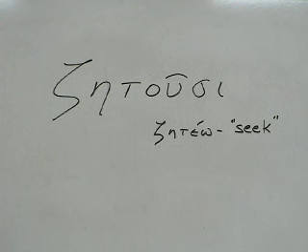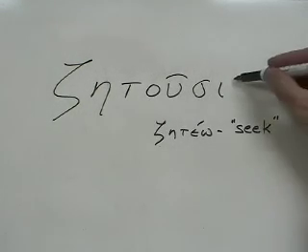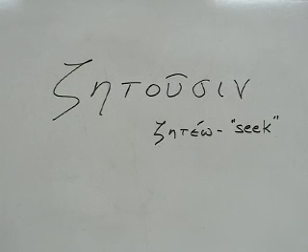I seek can be translated in more than one way. It can be translated I seek, which is the beginning translation, but it can also mean I am seeking, a kind of continuous flavor, or I do seek, a kind of emphatic flavor. More than one way to skin a Greek verb in the present tense. Let's do a few more.